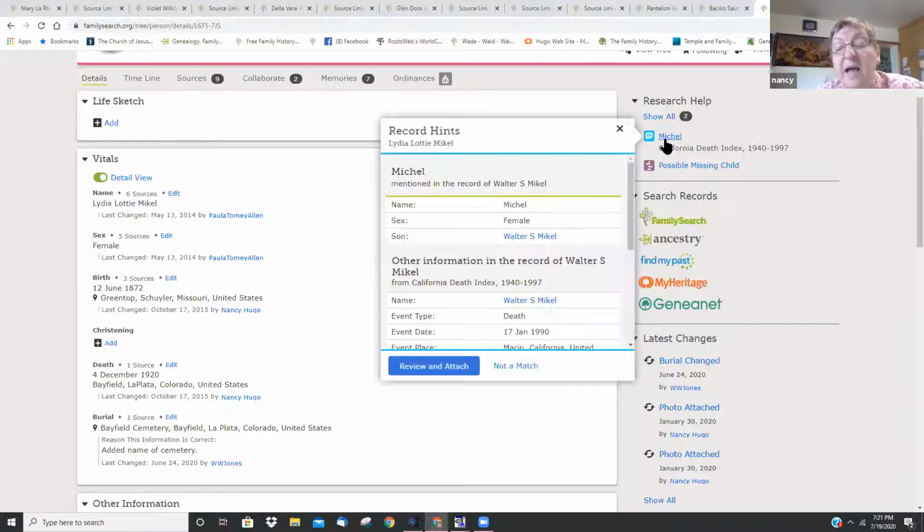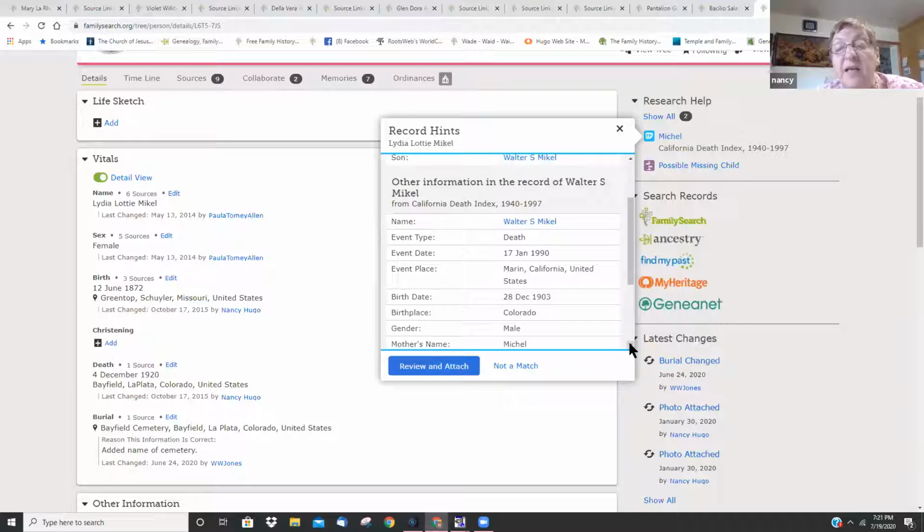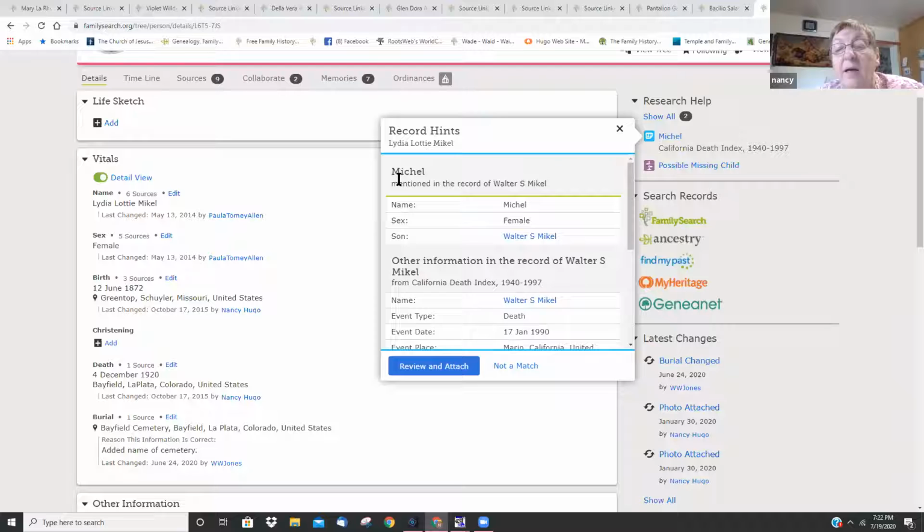The fact that it just has a last name is kind of a hint that somebody didn't know all the information. So, if we look at this, it tells us that somebody with the last name of Michel was recorded in the death record of Walter Scott Michael.